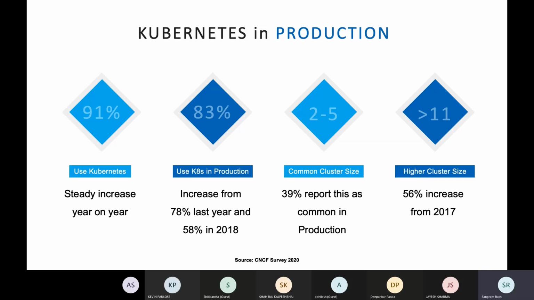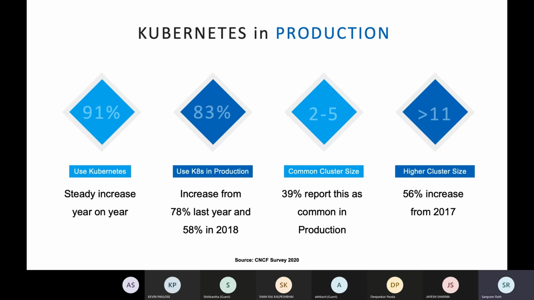From 2018, when it was 58%, to 78% last year, we have Kubernetes used in production at 83% in 2020. Right, so we are again seeing Kubernetes adopted in production scenarios by enterprises, not just cloud native companies, but also typical enterprises that have been known to be a bit reluctant in adopting new technologies.